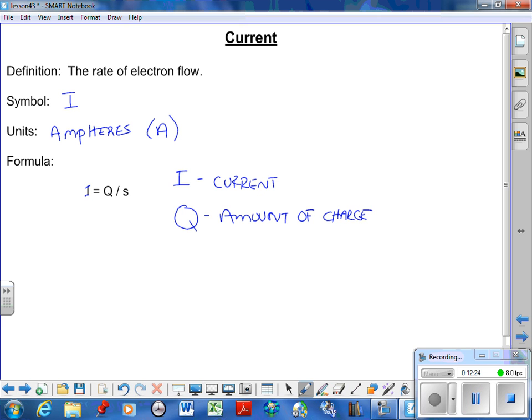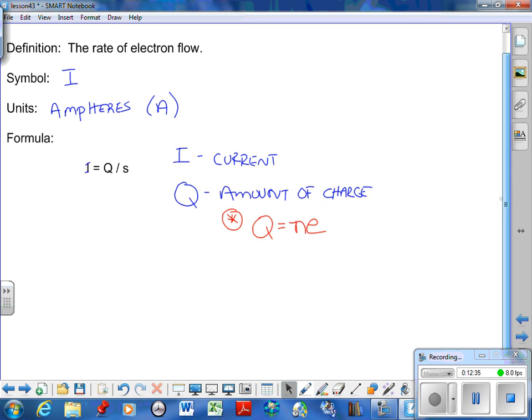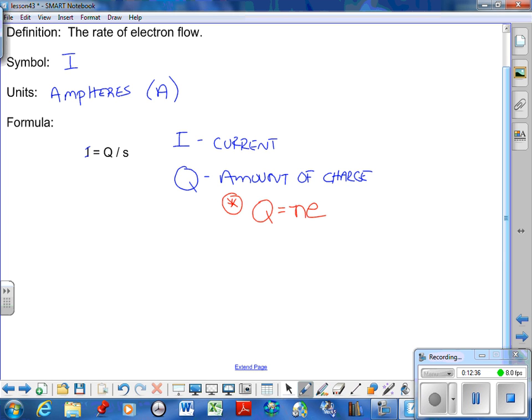And I can't remember if that's coming up in a future slide, but let's do it right here. So Q is equal to NE. So there's a formula for Q. And those values then, N is the number of electrons. And your E is the charge of an electron. That is constant.